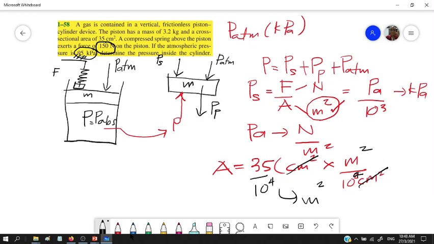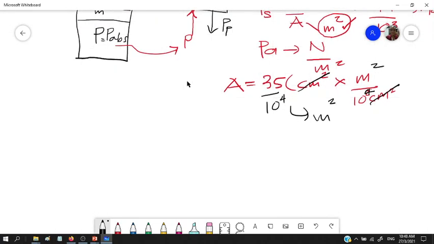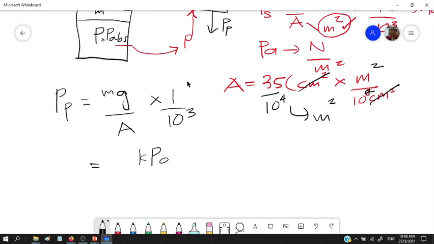And then you know that for the mass of the piston, P is equal to M G divided by A. Right, so we have to divide by 1000 in order to get kPa.